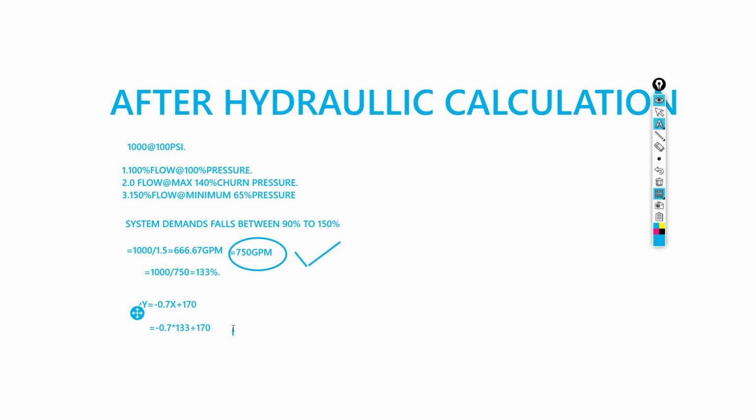So if we calculate 0.7 into 133, it is 93.1, then 170 minus 93.1. It means that it's near about 78%, or 77%. You can take 78. Suppose 78%.